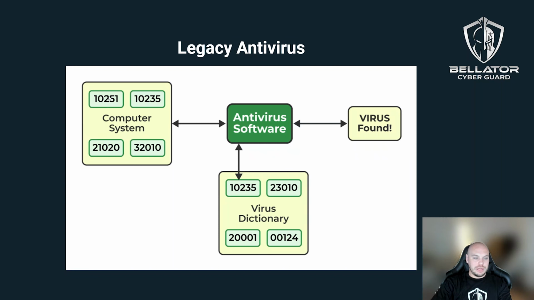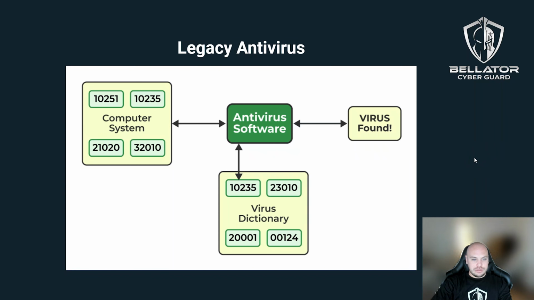So some of these don't match up, right? 10251 isn't in this virus dictionary, so it'll allow it and it won't have a problem with it. However, 10235 is in the virus dictionary, they match, so the virus is found, and that is then removed or prevented from executing, and that's all great, right?